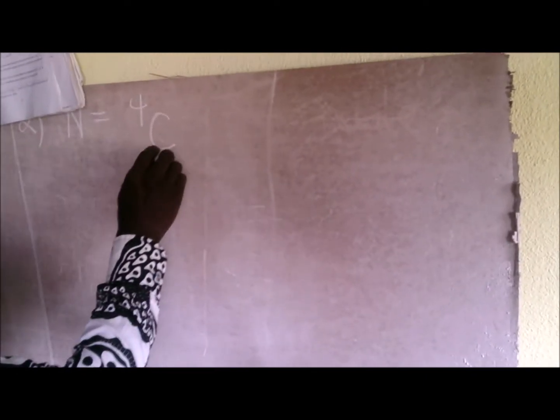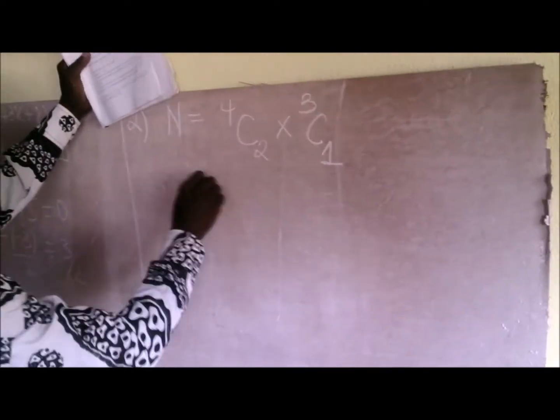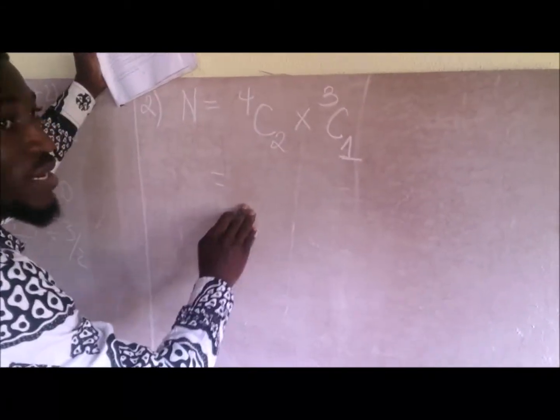Say n should be the number of ways, and to choose 2 boys and 1 girl from a class of 4 boys and 3 girls, you just need to say you're going to have 4 combination 2 for the number of boys times 3 combination 1 for the number of girls. And 4 combination 2, with your calculators you can get.